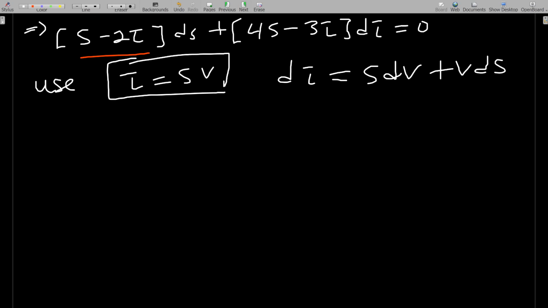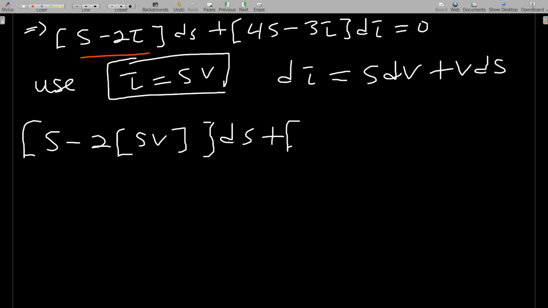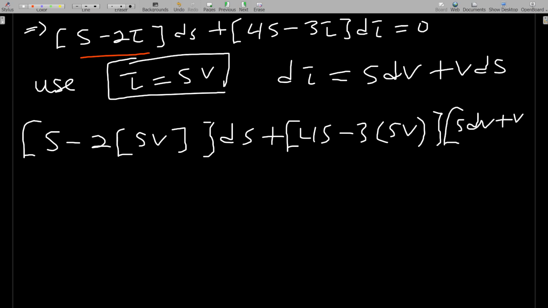Then again, we go into the equation straight away and put everything here. So this means that we have (S minus 2 tau) dS, where tau is Sv, then plus (4S minus 3 tau), with tau equal to Sv, times d tau, which is S dv plus v dS.